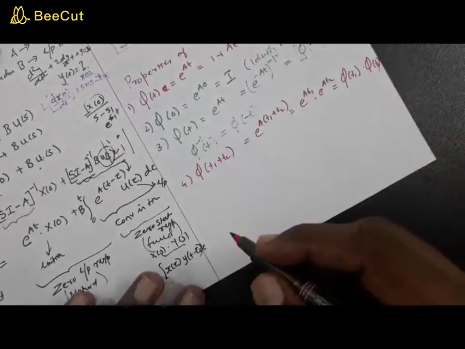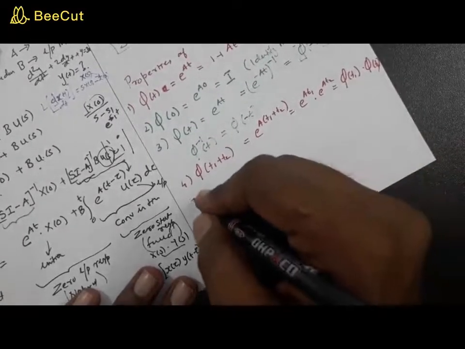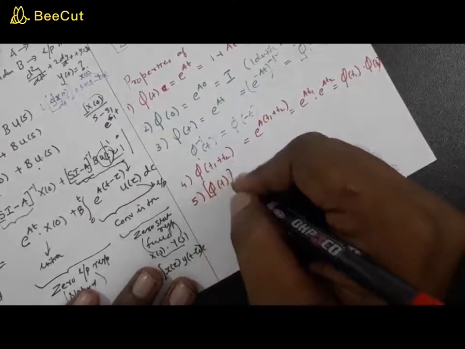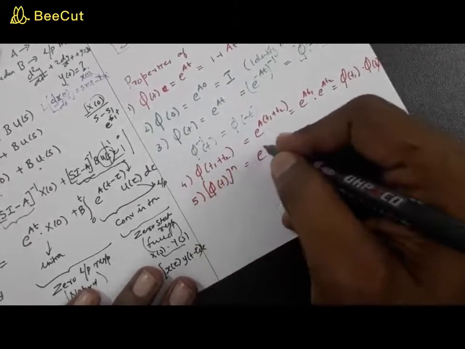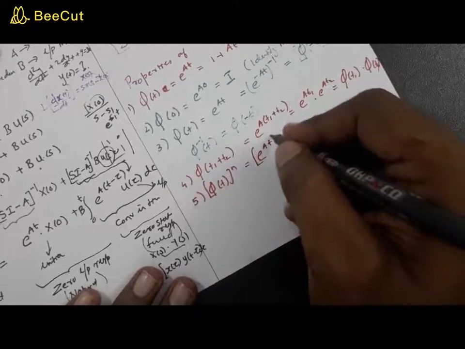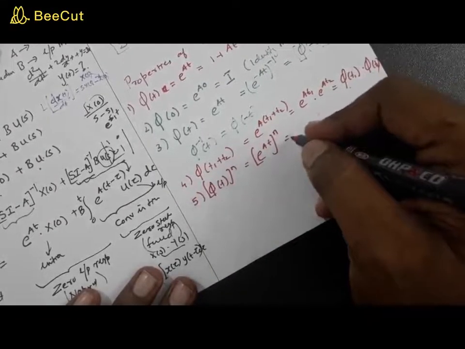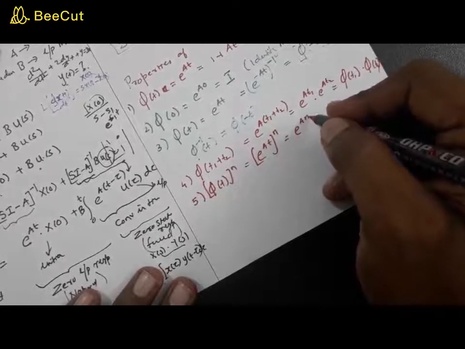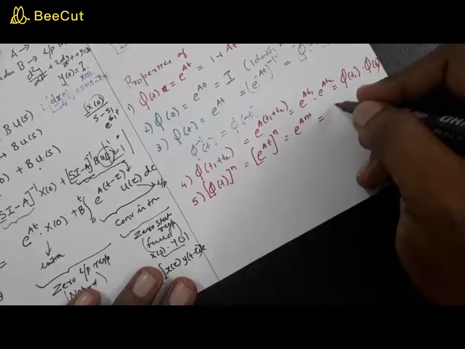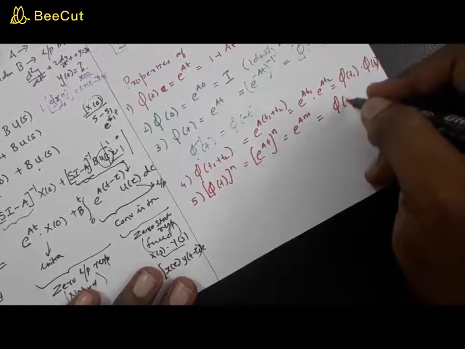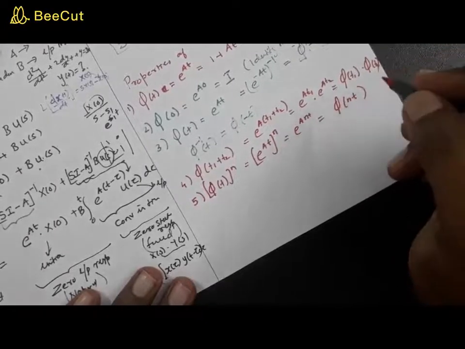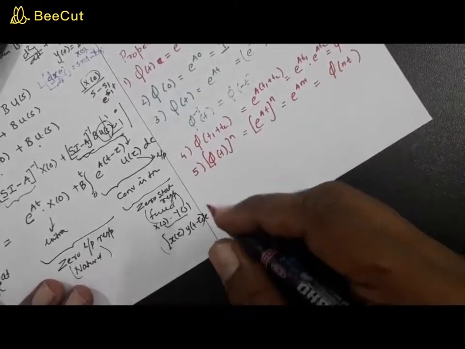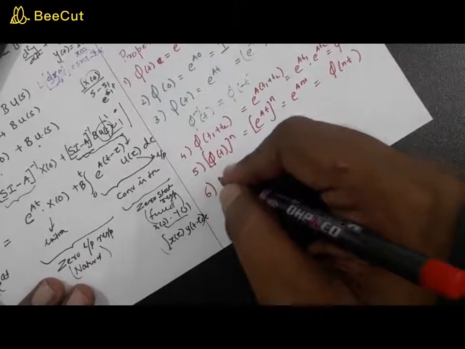So what about next? Number 5 is phi of t the whole raised to n. That is nothing but e raised to a into t the whole raised to n, or that is e raised to a into nt, or you can call this as phi of nt. Now what about the sixth property?